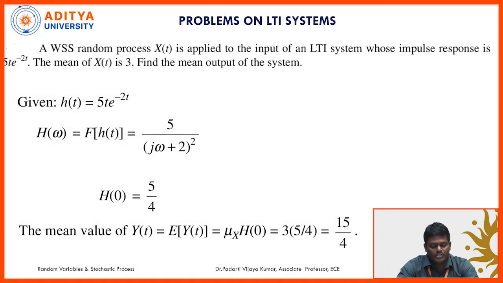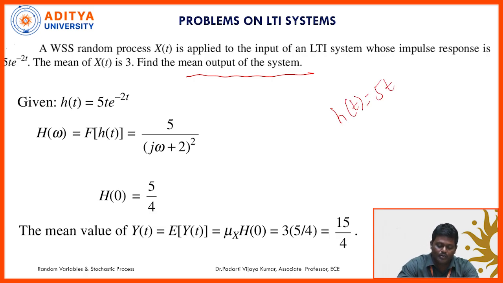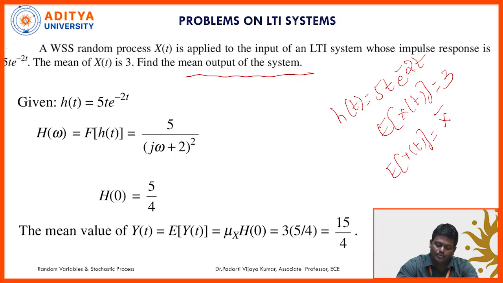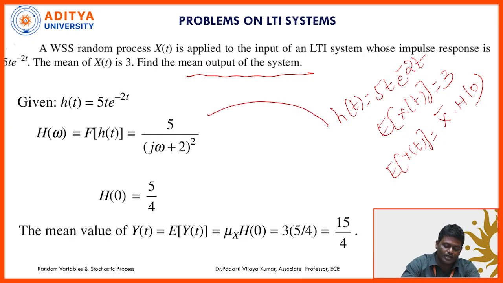And one more problem which is related to computing the output mean. The impulse response is given, h of t is 5t into e power minus 2t, and the mean value, expectation of x of t, is given. So, the expectation of y of t will be equal to x bar into H of 0. First, we will compute the Fourier transform for this one.